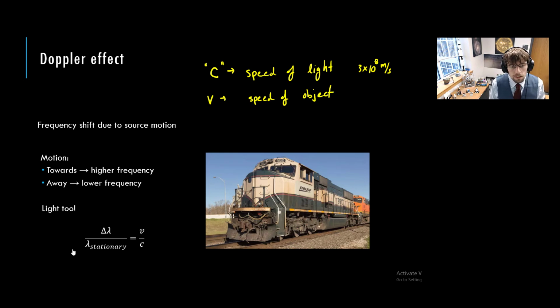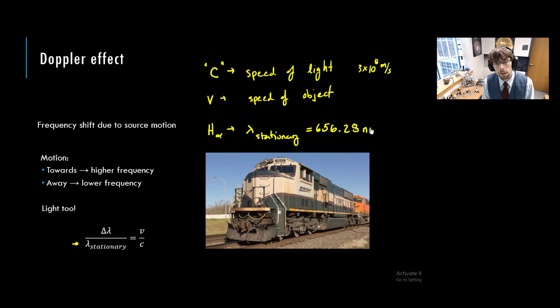Down here, we'll say lambda stationary. That is the wavelength that a number should be at. In other words, for the hydrogen alpha line, H alpha, lambda stationary should be 656.28 nanometers.